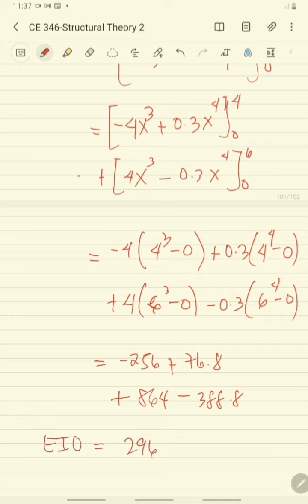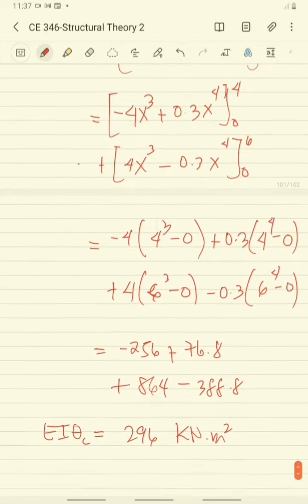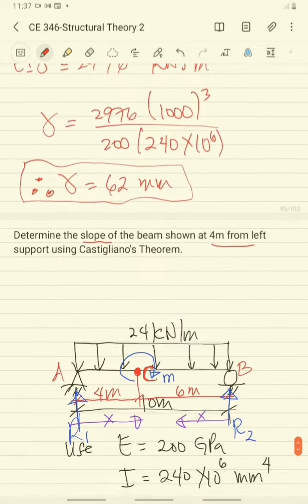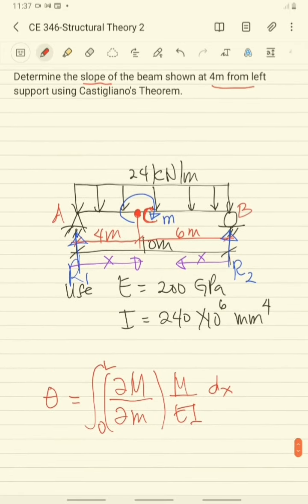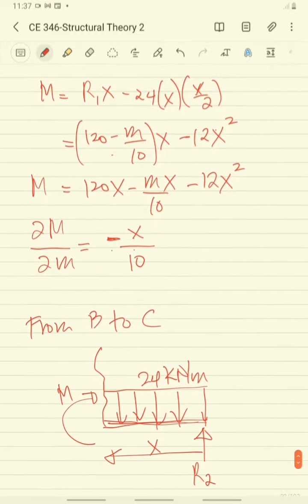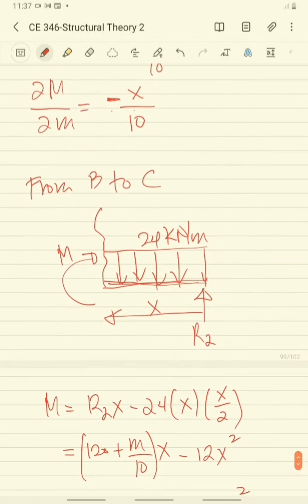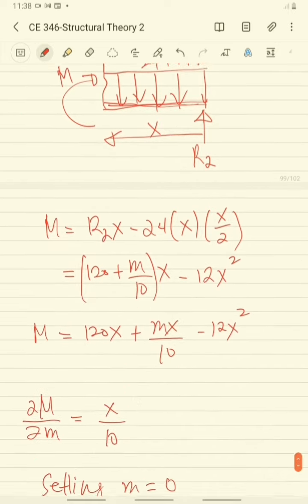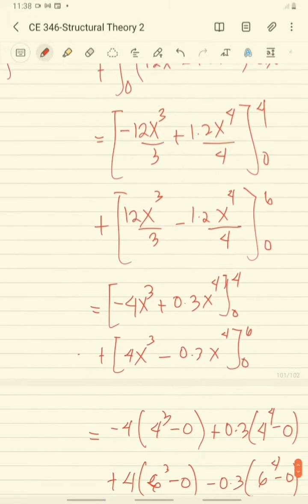So this is our slope at C. The unit is kilonewton meter squared. Since our E and I are given, we have 200 GPa for our E and 240 times 10 to the 6 for our moment of inertia.